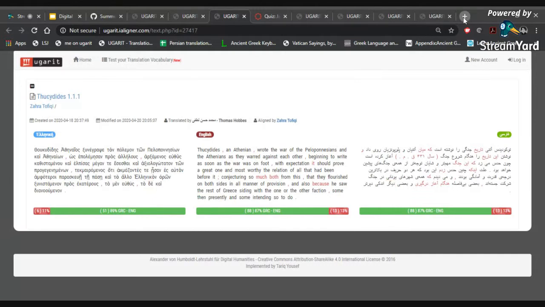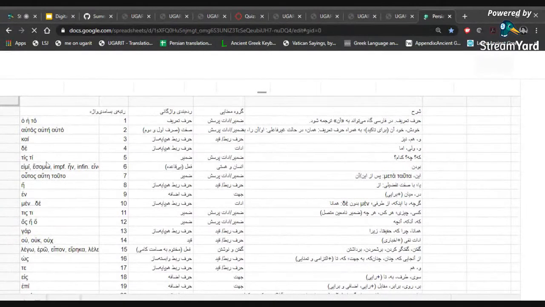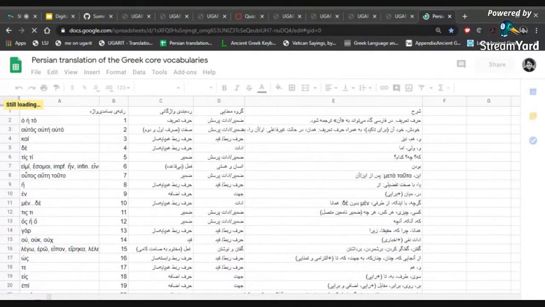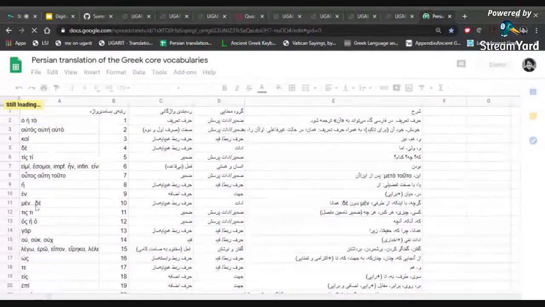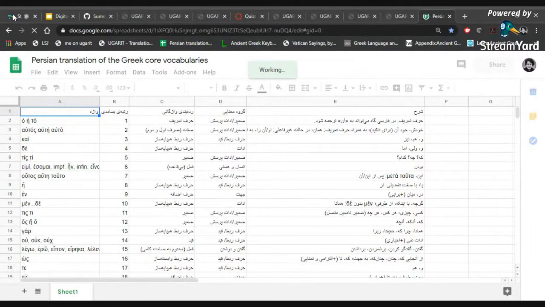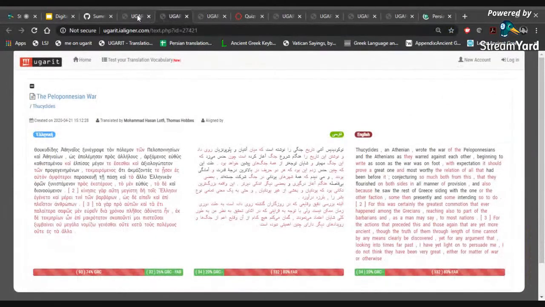I think I have here the Greek core vocabulary list that I found in the Dickinson College Commentaries, and I translated it to Persian. And number 11, we have men de. I didn't put "digar" as an equivalent. But now that I see it in this translation, I think it can be quite a suitable translation for this word.